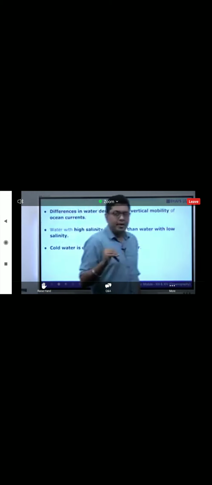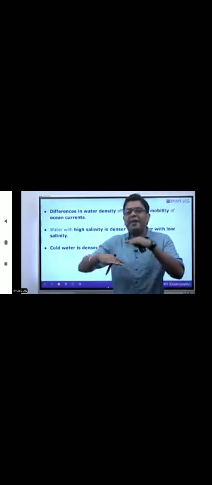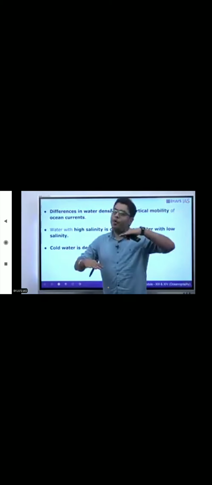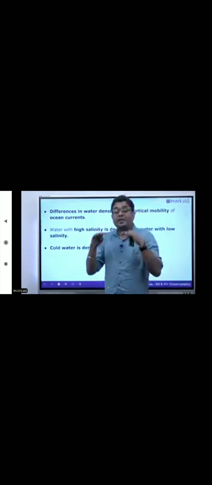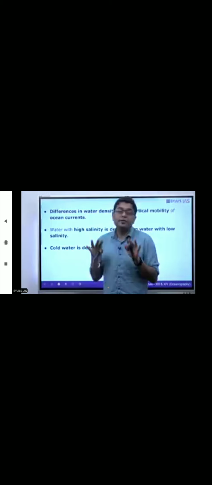Now, difference in the density of water leads the water to have varying depth, whether the water will sink or whether the water will float. If the density is low, it is going to stay at the top. If the density is high, it is going to stay at the bottom.